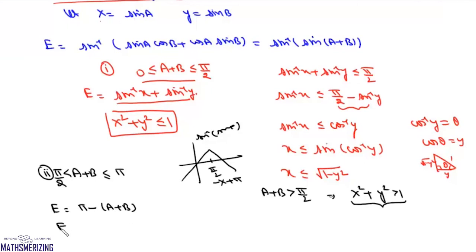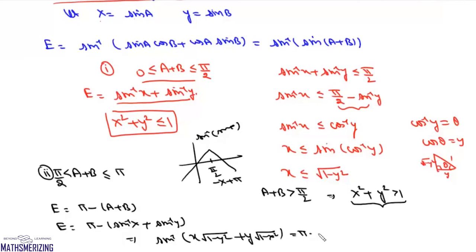So this will be pi minus sine inverse x plus sine inverse y. So we can write sine inverse x under root 1 minus y square plus y under root 1 minus x square will be equal to pi minus sine inverse x plus sine inverse y.